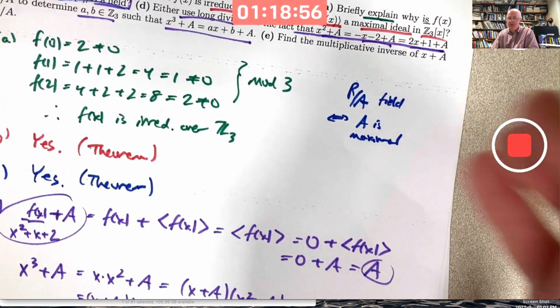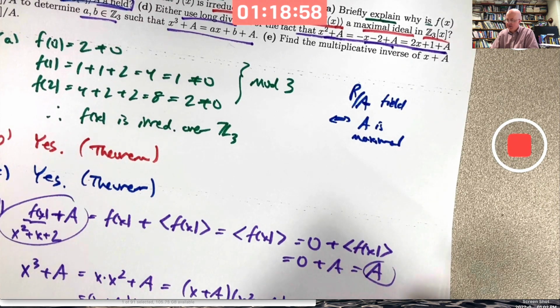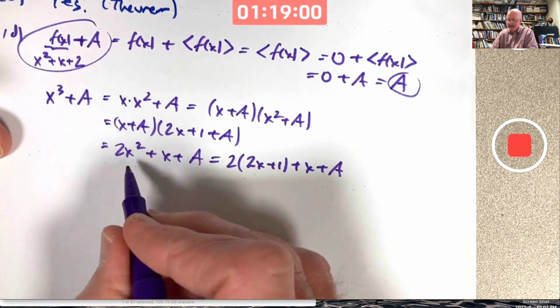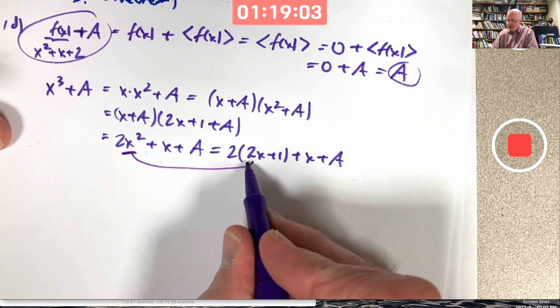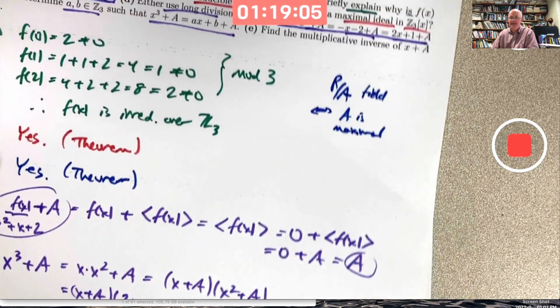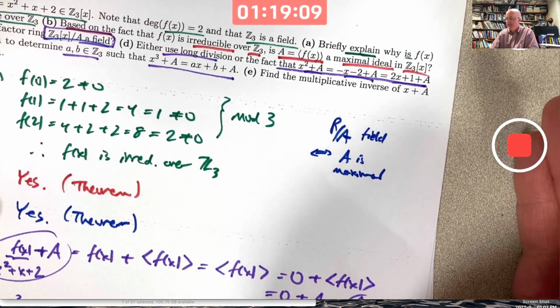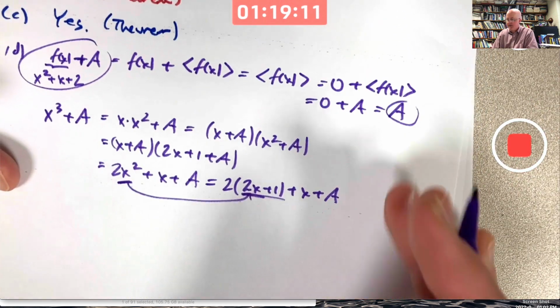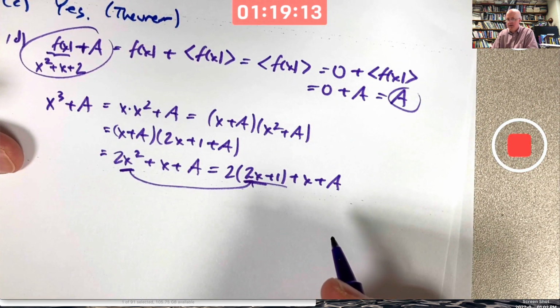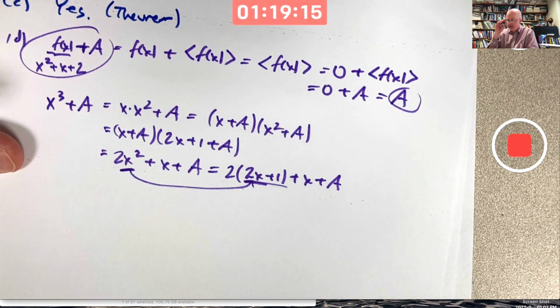You might be wondering, where's the plus A, for example. But effectively, you can replace the x squared there with 2x plus 1 because of what's going on here. So I'm working with the representatives of the cosets, and that's okay. I'm effectively doing coset operations here in what you might call a little bit of a sloppy way, but it works.